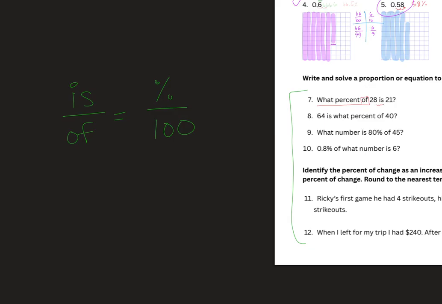The what percent, I'm going to put that where the percent symbol was. That is going to be over 100 every time, okay? And then on the left side, of 28 goes where the of was. And then the last thing it says is 21.